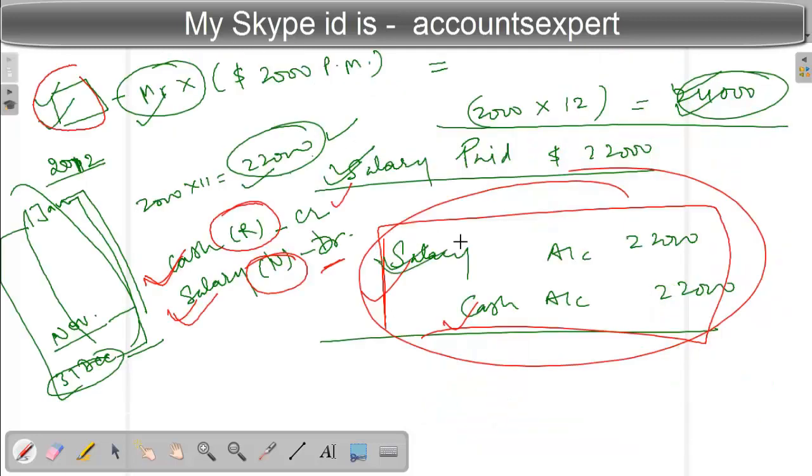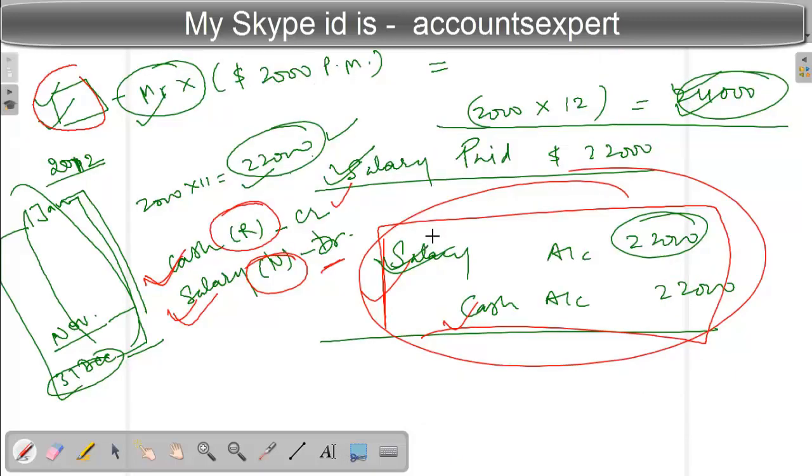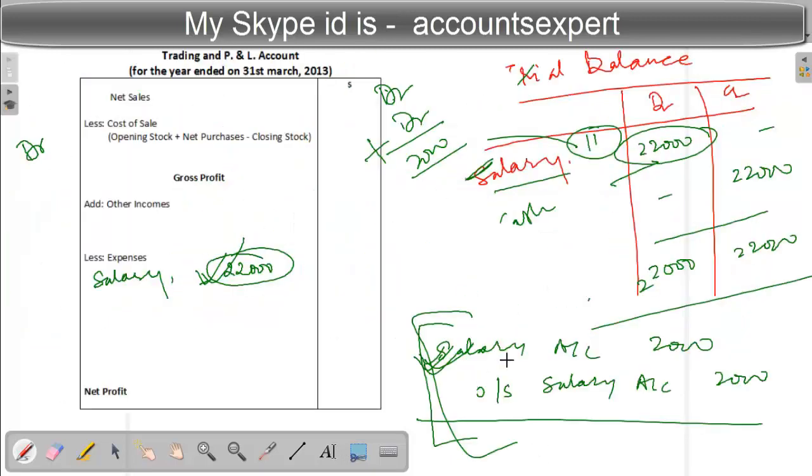So salary, see in the previous slide, salary was debited with how much amount? 22,000. Now see, in the first entry, salary debited or credited? Debited. And in the second entry it is also debited again, isn't it?